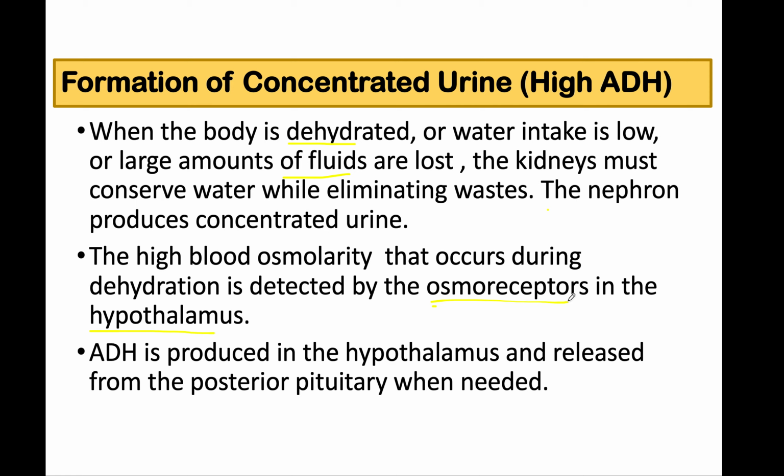These osmoreceptors will detect that the osmolarity of the extracellular fluid and the blood is high because the water volume is low. So the osmoreceptors, when they detect that, the hypothalamus produces ADH, the antidiuretic hormone, which is stored in the posterior pituitary and is released.